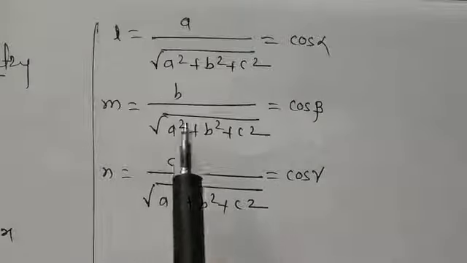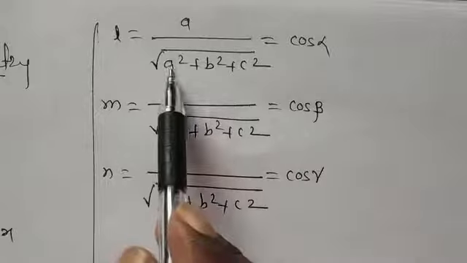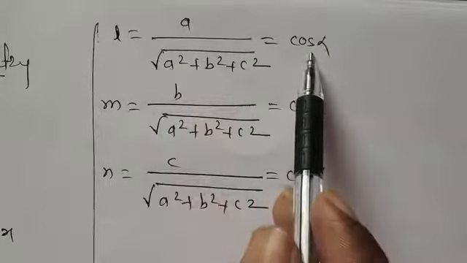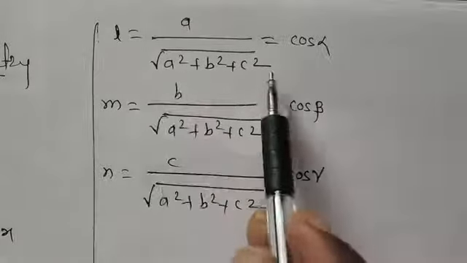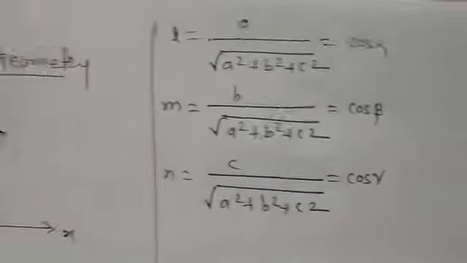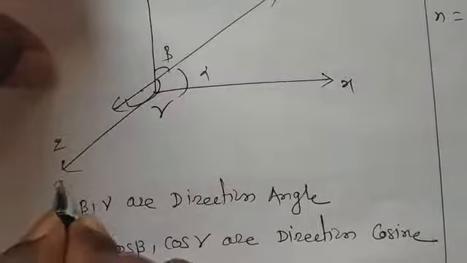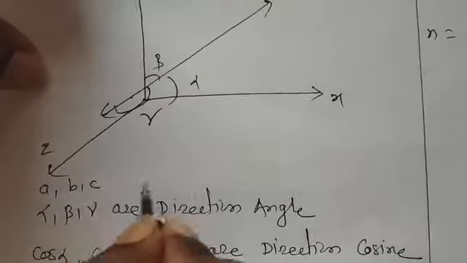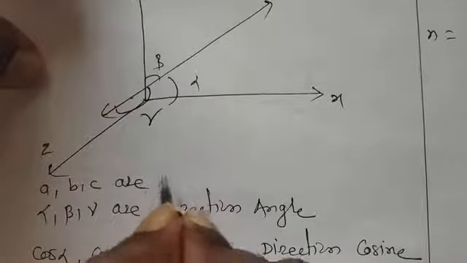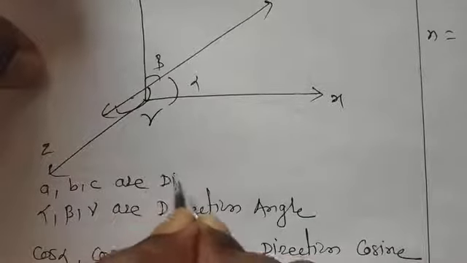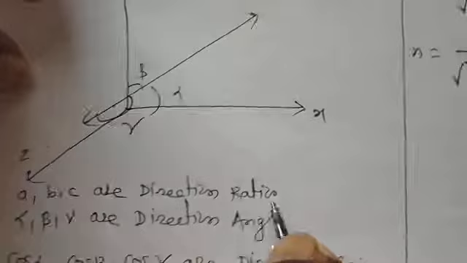So this is the relation between direction ratio and direction cosine, because a, b, c are called direction ratios. Here we can say that a, b, c are direction ratio or direction numbers.